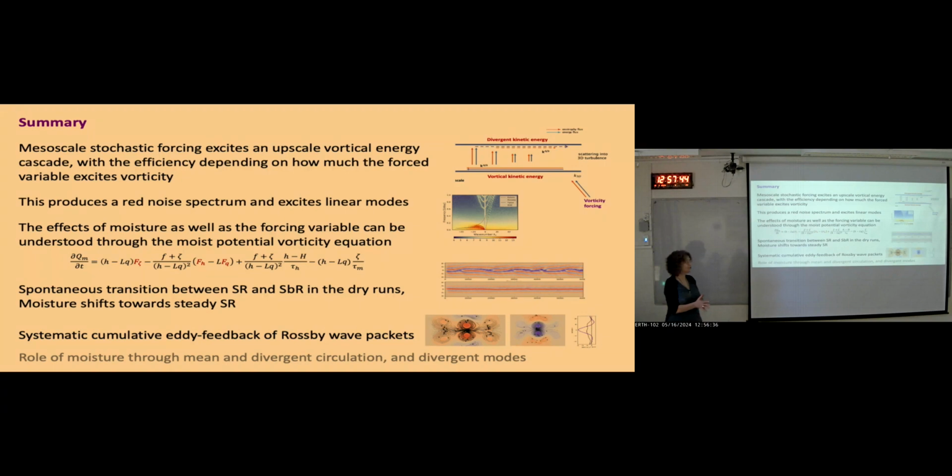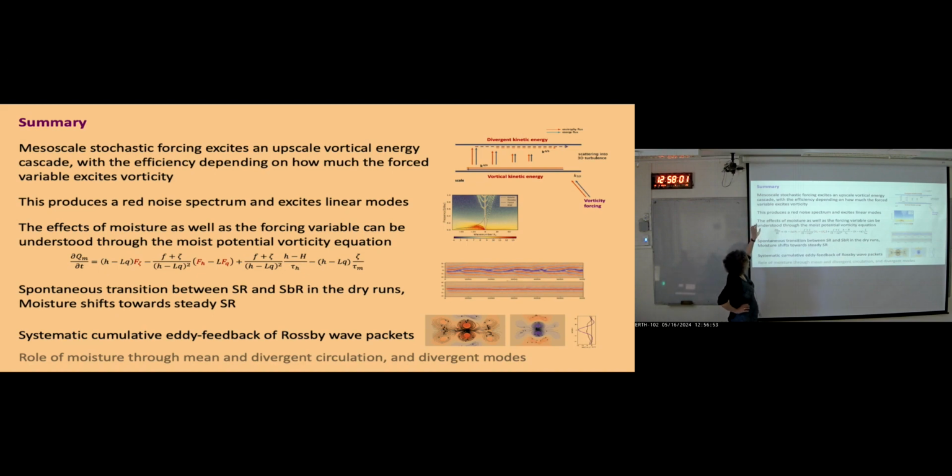Okay, so I showed you that mesoscale stochastic forcing can excite an upscale vorticity, vertical kinetic energy cascade that gives rise to a red noise background spectrum and linear modes.